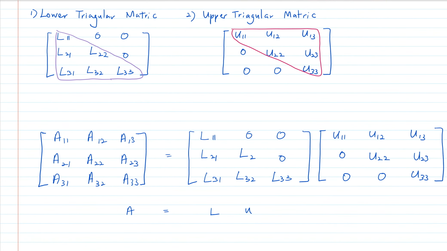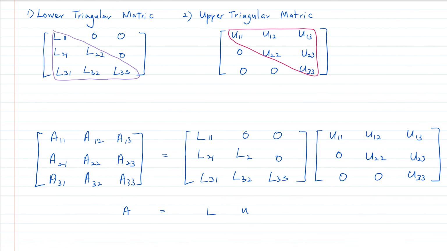Back to the concept. If you have matrix A, it equals the L matrix, the lower triangular matrix, times the upper triangular matrix.